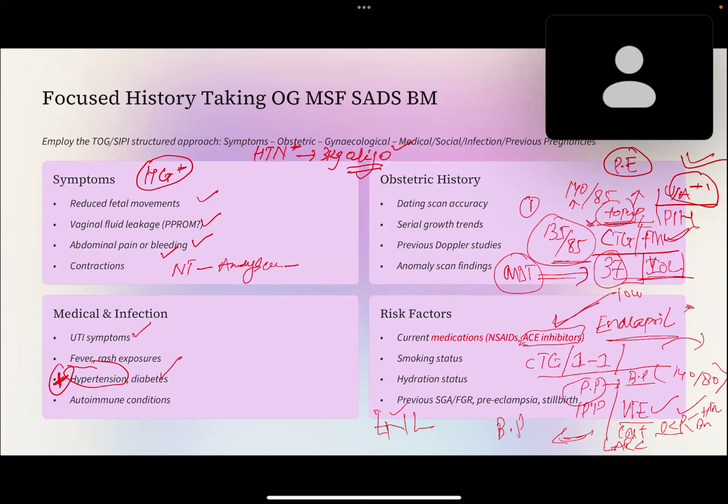Amlodipine? Yes, okay. Postpartum, you give these three drugs. Other thing, anti-D prophylaxis. We already mentioned, and you connect her with the dietitian to optimize her weight before embarking on the next pregnancy.